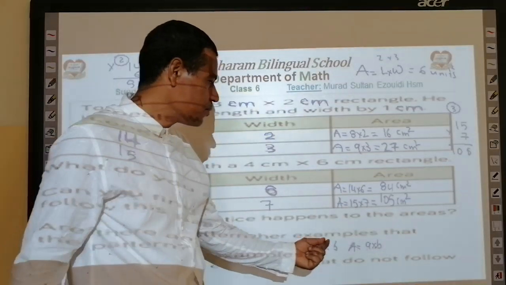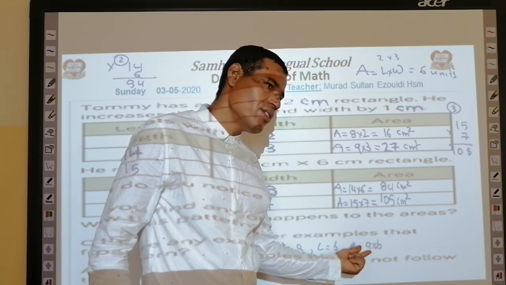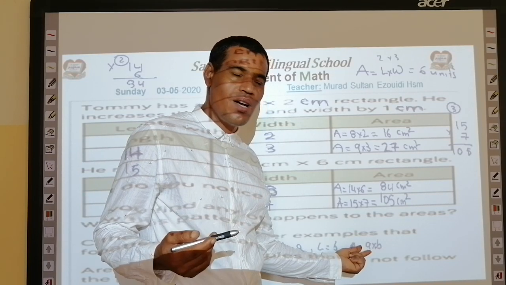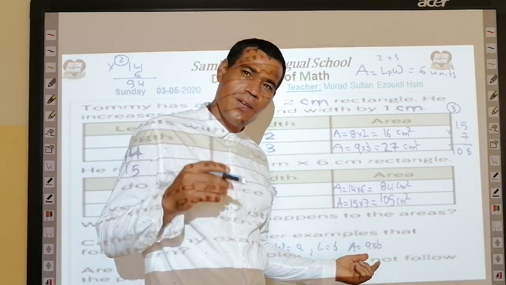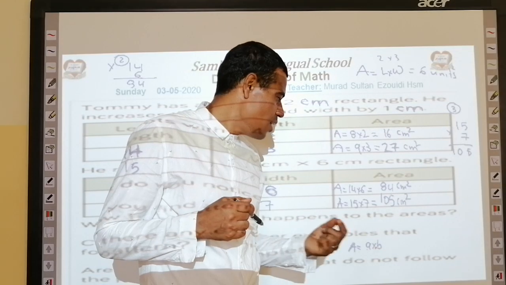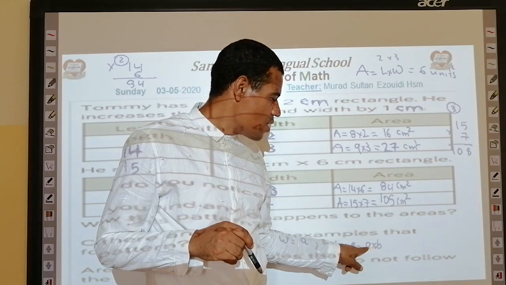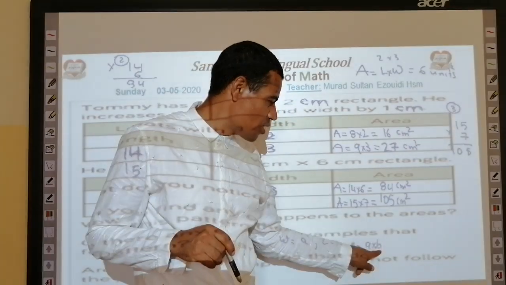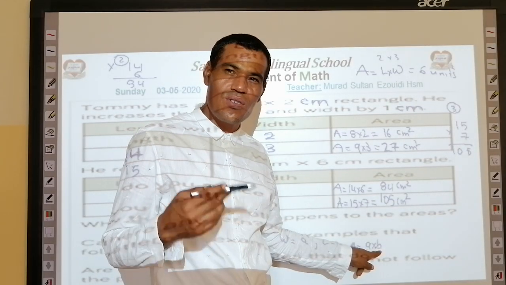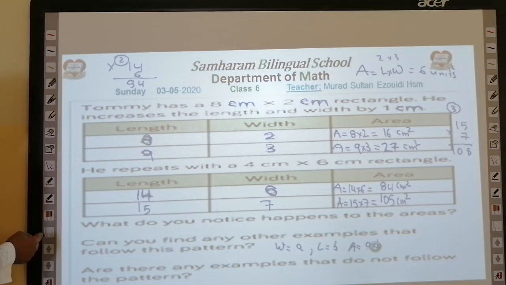If, for example, you increase the length by 2 and the width by 2, let's say, the area will increase. But if, for example, you increase the length by 2 and decrease the width by a number that is more than 2, then the area will change. Okay, let's do an example.